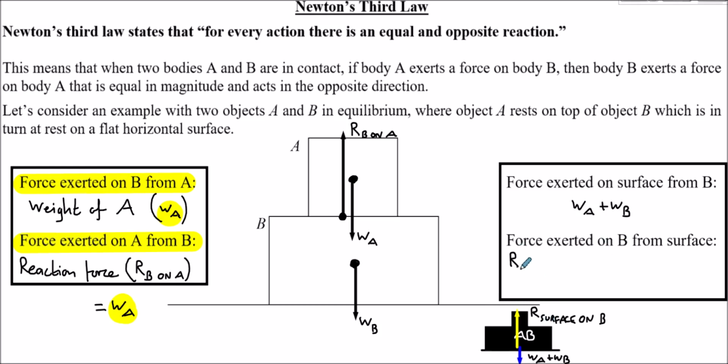So here, the force exerted on B from the surface is the reaction of the surface on B, which must be equal and opposite to the combined weight to keep it in equilibrium.